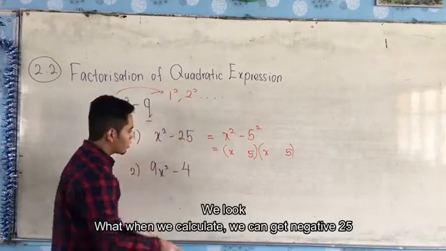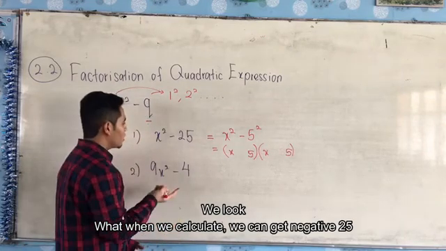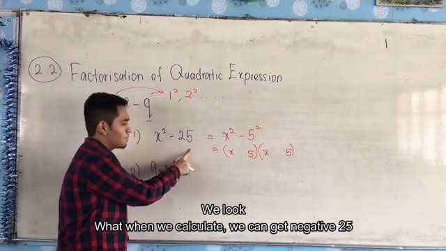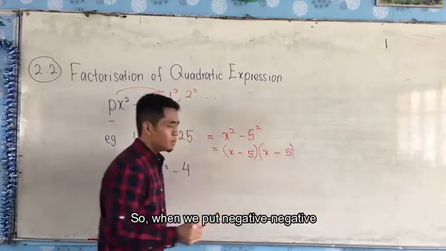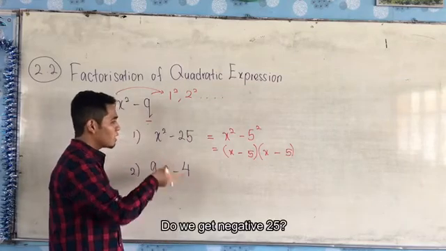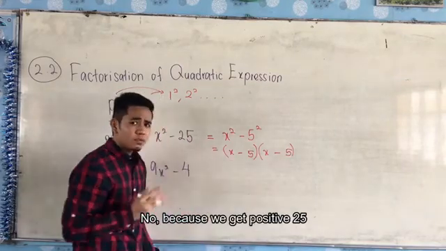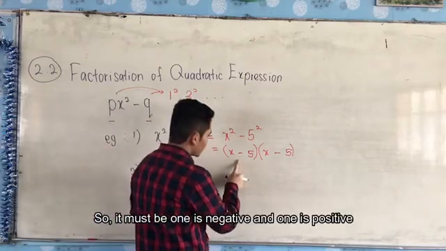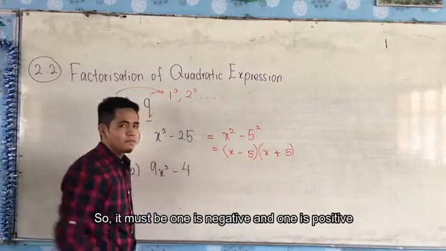We look at what we get when we calculate: negative 25. So when we put negative negative, do we get negative 25? No, because we get positive 25. So one must be negative and one must be positive.